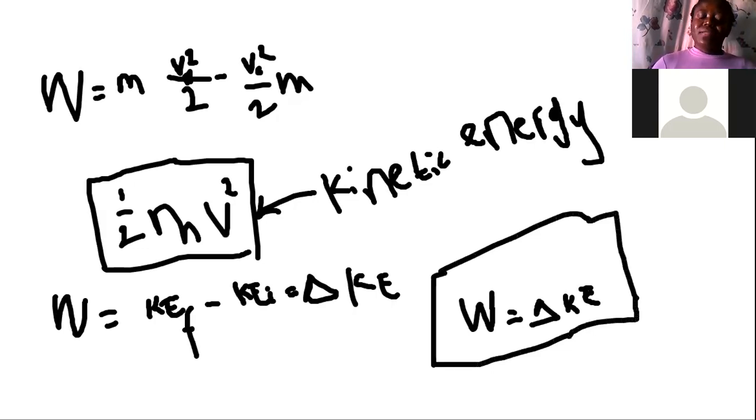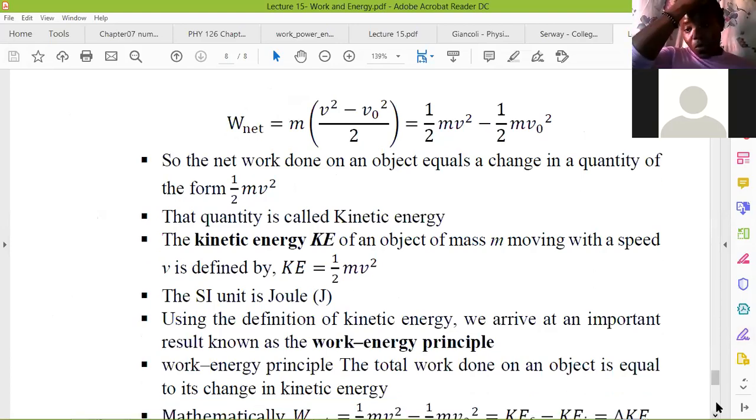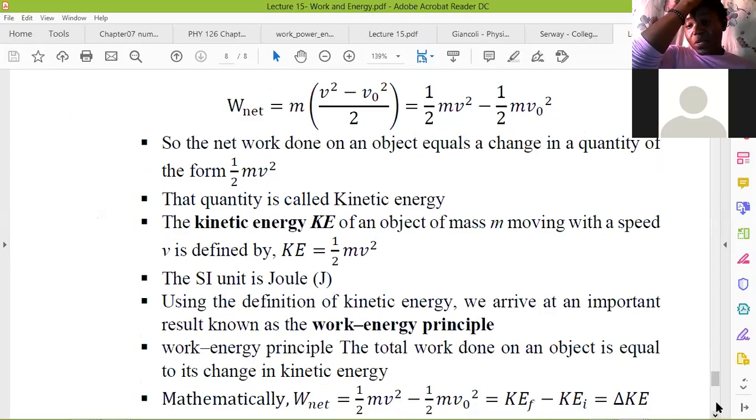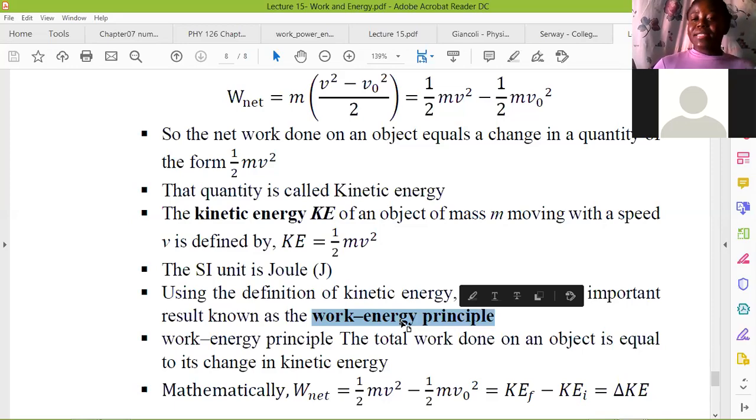What does this tell us? This gives us what we call the work energy principle or work energy theorem. Why is it called that? It shows us how work and energy relate to each other.